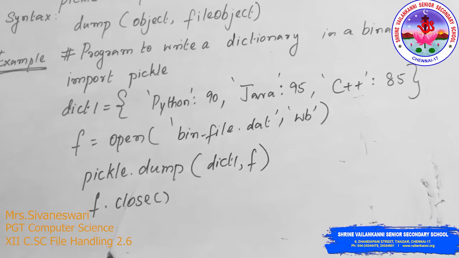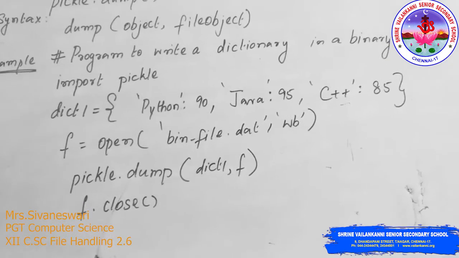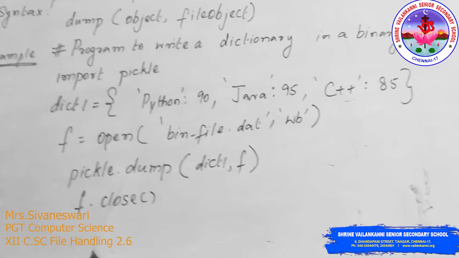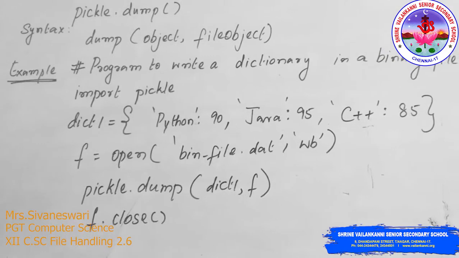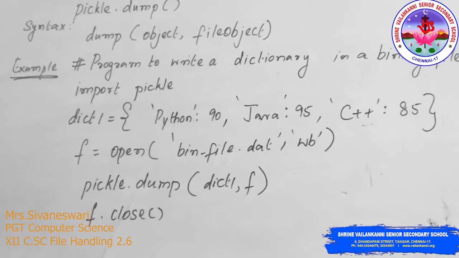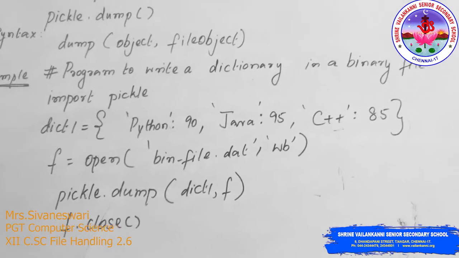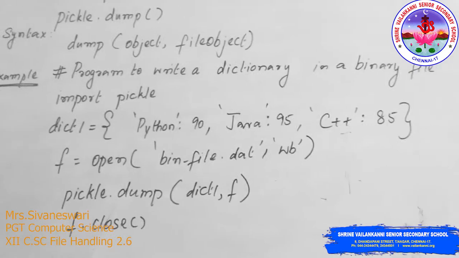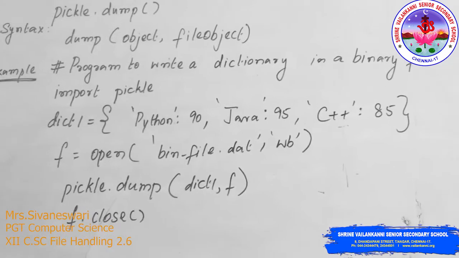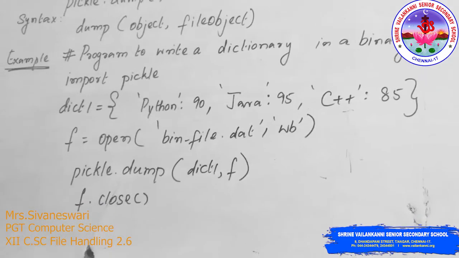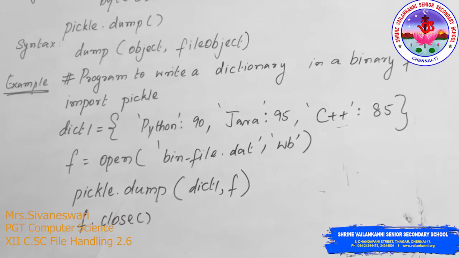F is equal to open of bin_file.dat, the binary file, comma WB, we are opening the file in write mode. pickle.dump of dict1, comma the file handle or file object F, then we close the file. As soon as we execute this code, the key value pairs inside the dictionary are stored inside bin_file.dat. When we open it, we will not find it in human readable form. It will be in binary format, so special characters will be stored inside bin_file.dat. We can just see the existence of the file.